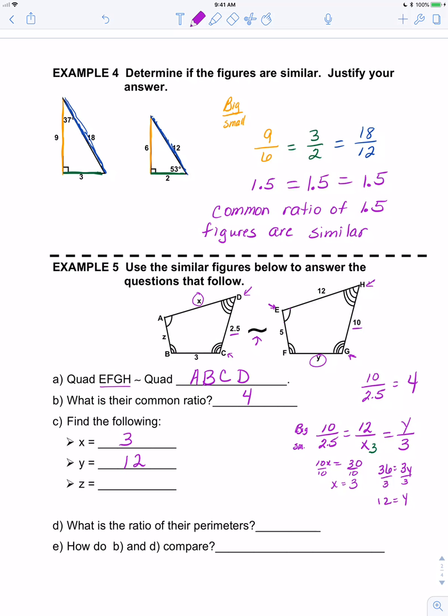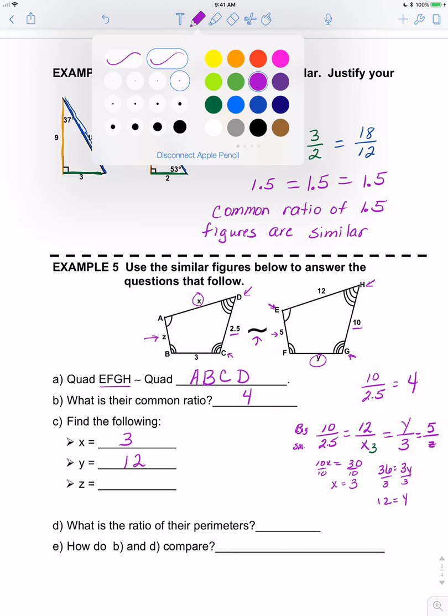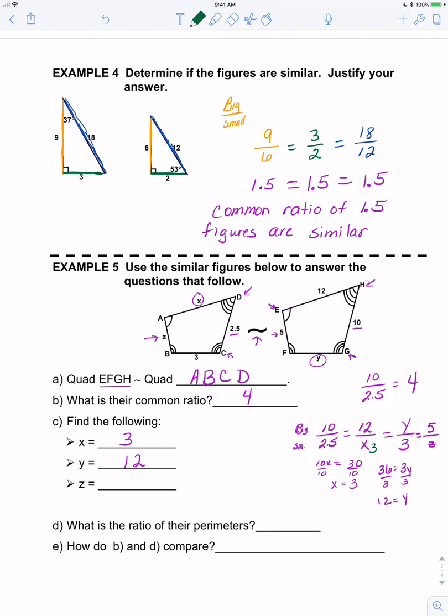And then we're looking for z now. It corresponds with the 5 on the other side. So that should also be 5 is the big one. Z is the small one, so that's what you're really going to have to be careful to watch those and make sure that you're setting them up correctly. So now our Y is 12, and we can cross multiply there.